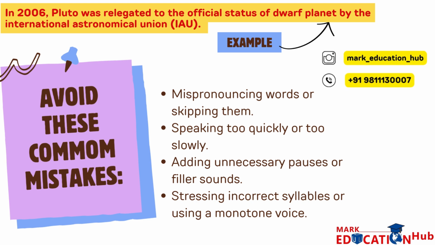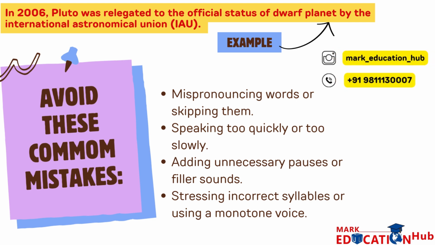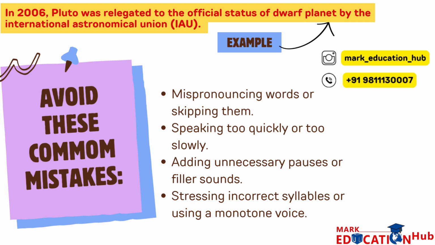Coming on to the second point, which is speaking too quickly or too slowly. It means that even if you speak the sentence too quickly in order to complete it before time, it will sound something like, in 2006 Pluto was relegated to the official status of dwarf planet by the International Astronomical Union. Here, you can see that I was not able to pronounce any word clearly, nor was I able to convey the meaning effectively.